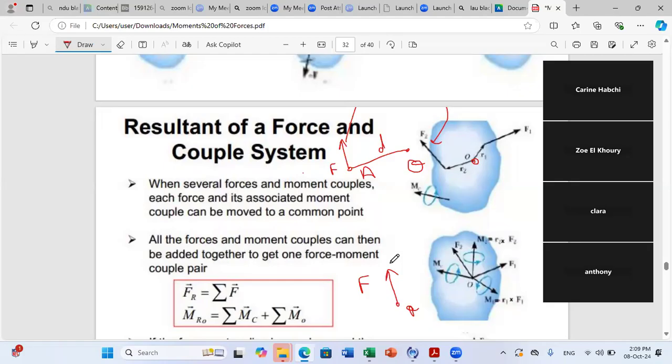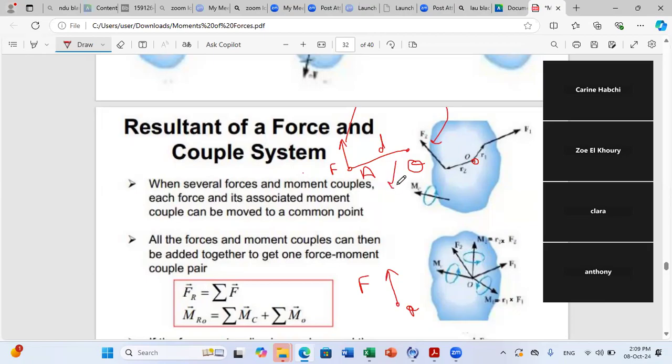No. For this reason, when we displace a force from one point to the other, in order to have an equivalent system, we should have the same moment about the new point. And if you displace F to O, you still should have a moment about O.